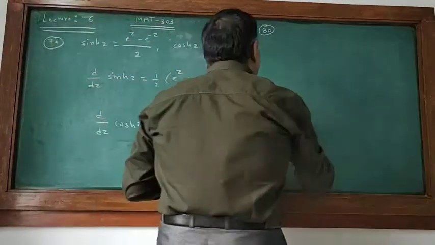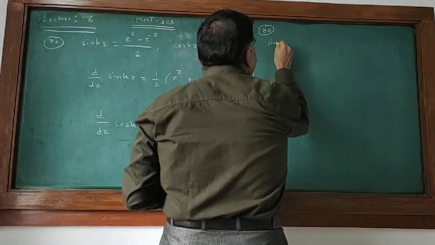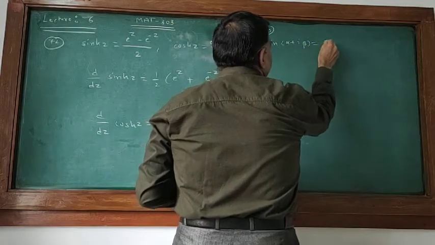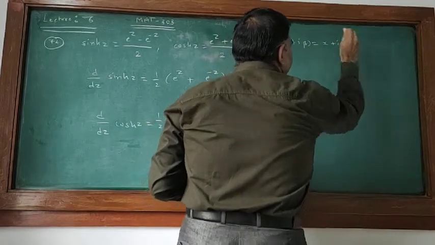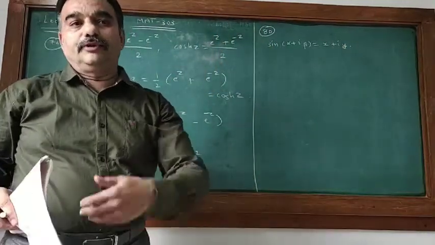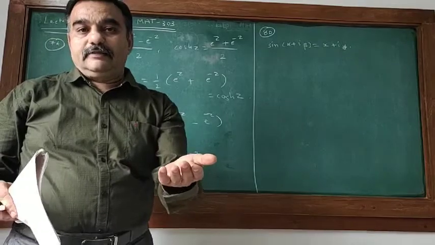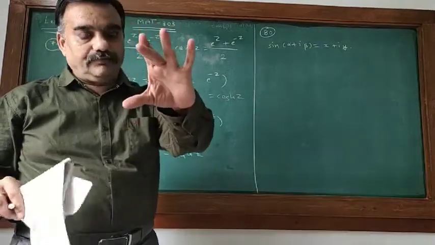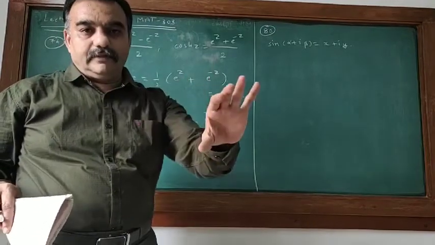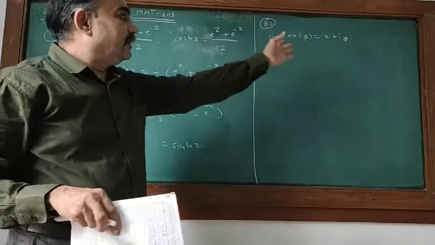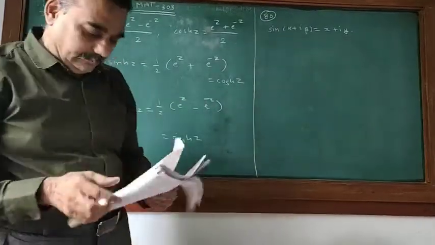Sine of alpha plus i beta is x plus iy. You already have these notes, so you may have the statement of the example. Go through my notes, open that example, and I am writing the solution here.